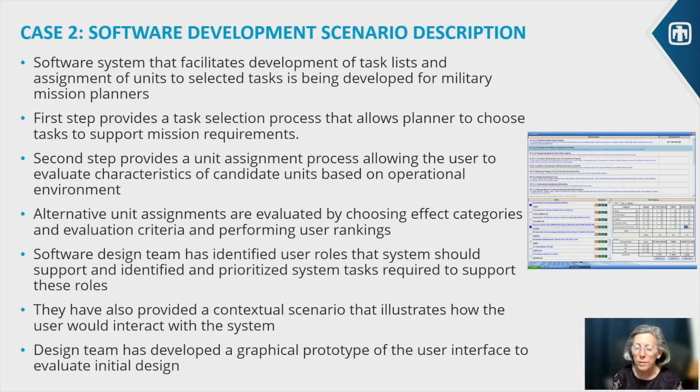Alternative unit assignments are evaluated by choosing effect categories and evaluation criteria and performing user rankings. The software design team has identified user roles that the system should support, and they've identified and prioritized system tasks required to support those roles. They've also provided a contextual scenario that illustrates how the users would interact with the system. The design team also has a graphical prototype of the user interface to evaluate the initial design.